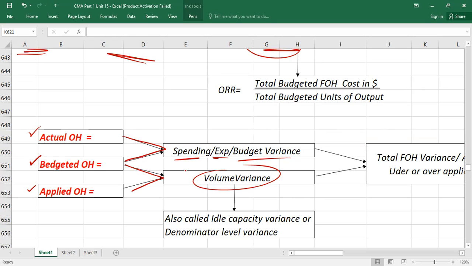Second variance is called volume. For volume, you can use the word quantity variance also. So how will you get spending variance, guys? Difference of actual and budgeted. Now you will get volume variance, difference of budgeted and applied. You should keep the same sequence: first actual, then budgeted, then applied overhead.